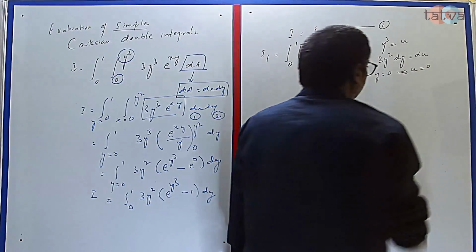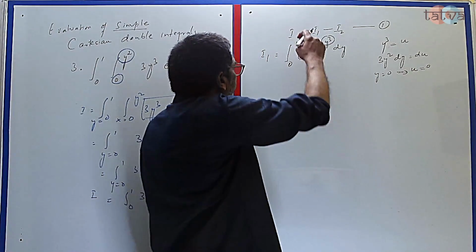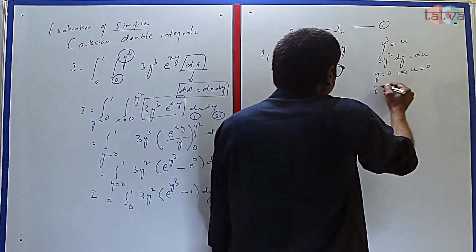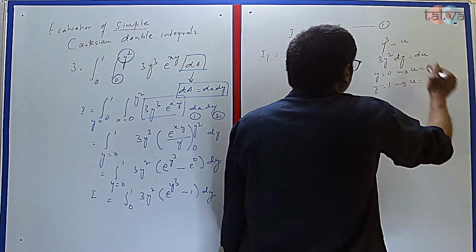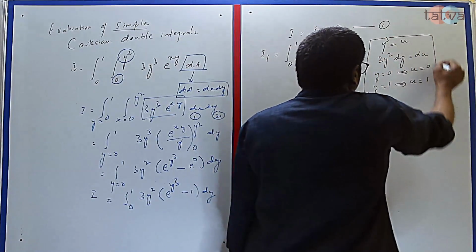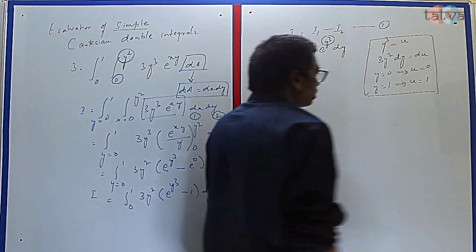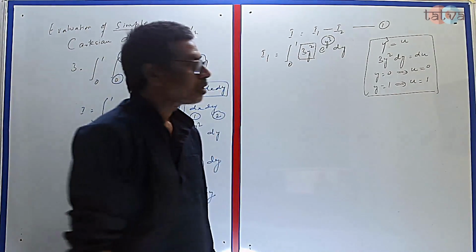It will be u equal to 0. Similarly, when you take the upper limit, y equal to 1, u produces 1 cubed, which is 1. Effectively, the limits have not changed, but the variable has changed.